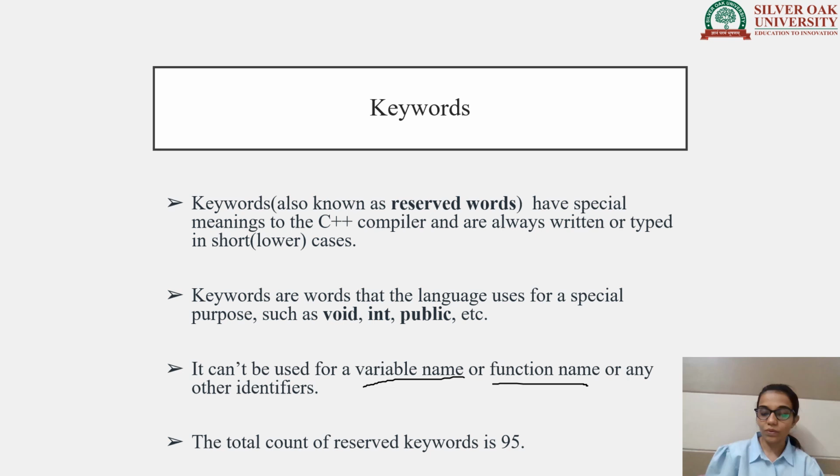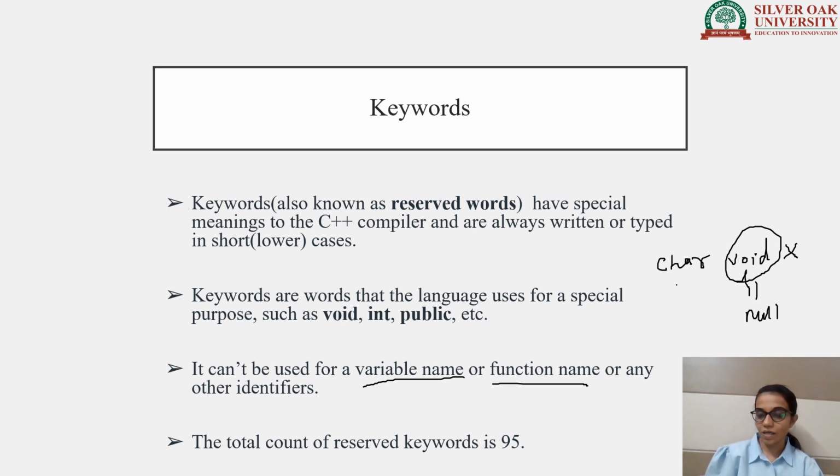Let's suppose I'm defining a character, which is a data type, and I'm writing its name as void. That will give me an error, because for the computer void means null. It won't accept void as my new variable which is defined as a character. So I can't take these keywords as my variable name or function name, because they have some fixed value.